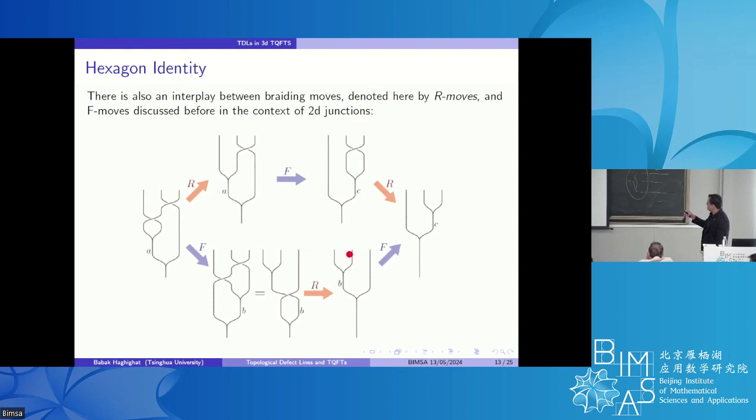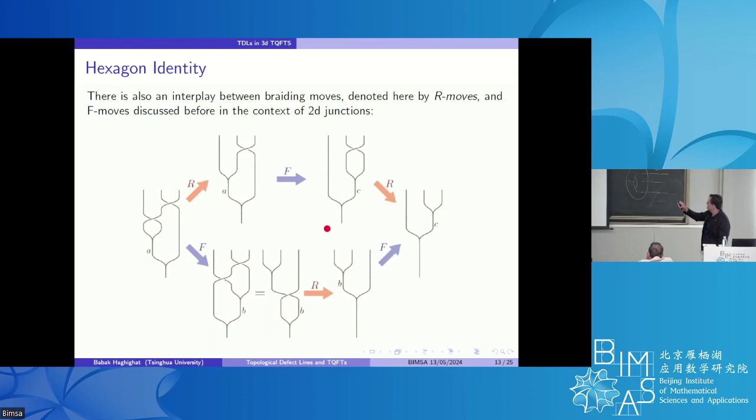Then you have the F matrix. You attach this line here to this line. That's what you see here, right? Now this line is attached here. Then you can do another R matrix, which will braid these two lines. Then you can do another F matrix, attach this line here to there.